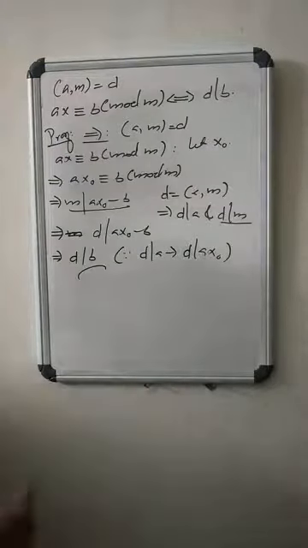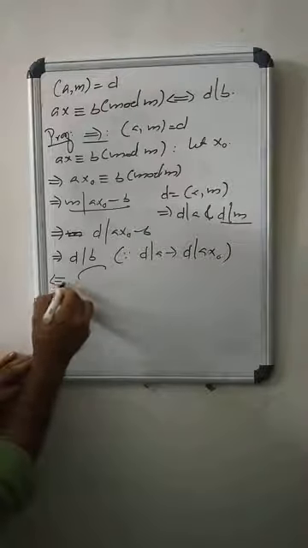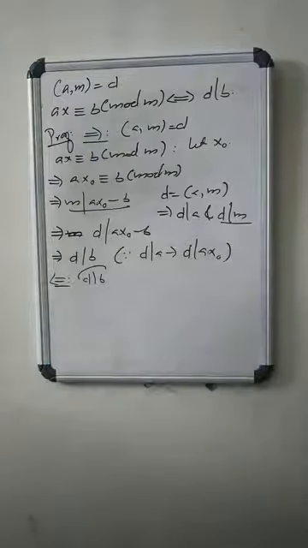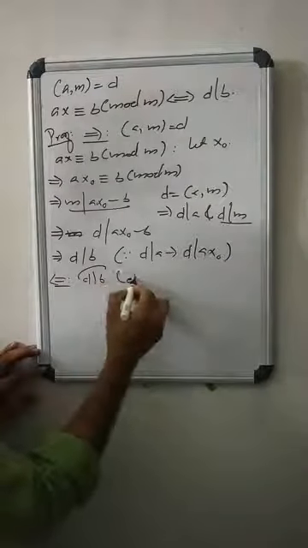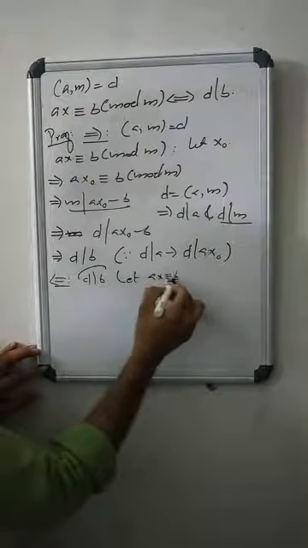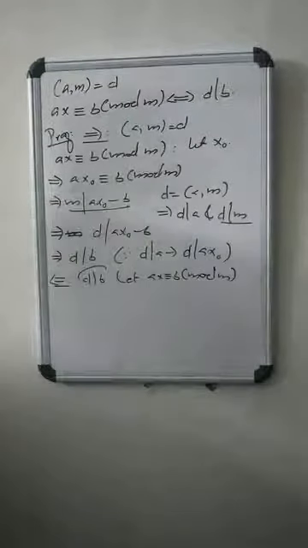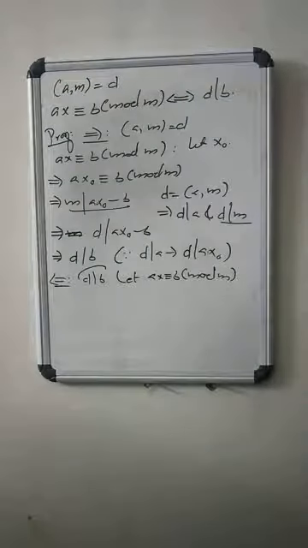What about the reverse inclusion? Let D be the GCD of A and M, and suppose D divides B. Consider the linear congruence AX ≡ B mod M. We have to show that it has a solution.